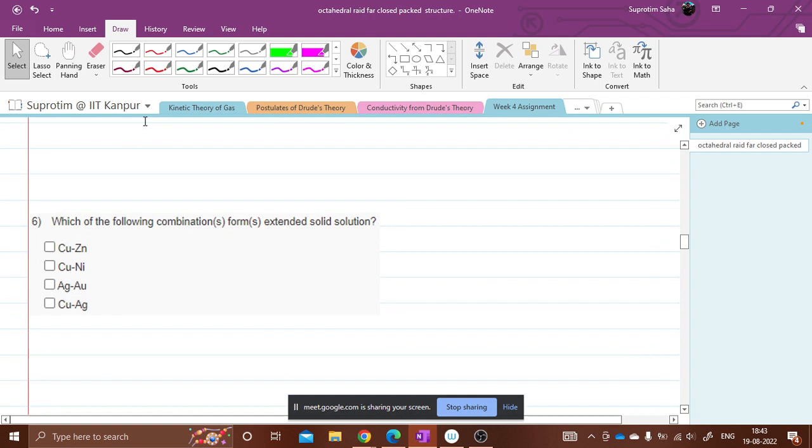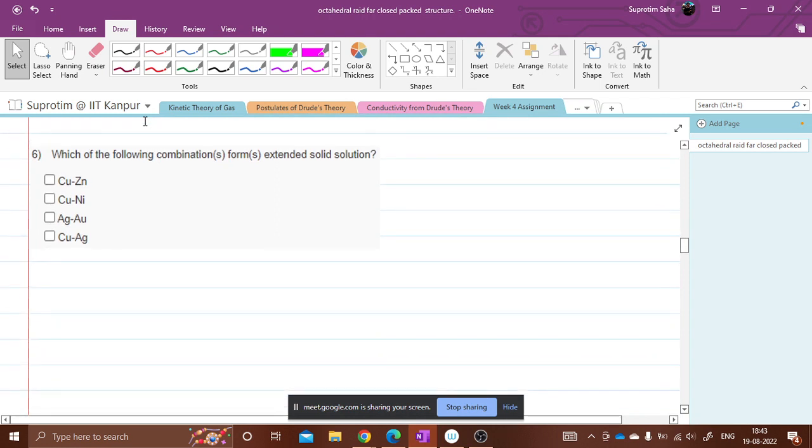Okay. So, which of the following combinations forms extended solid solution? So, you know, from the lecture itself, this is directly from the lecture. For extended solid solution, there's a rule, the Hume-Rothery rules.